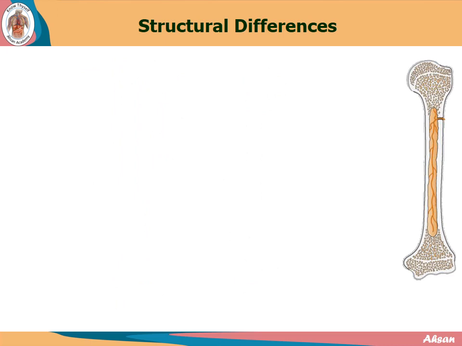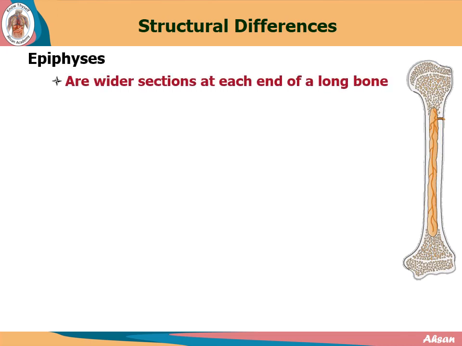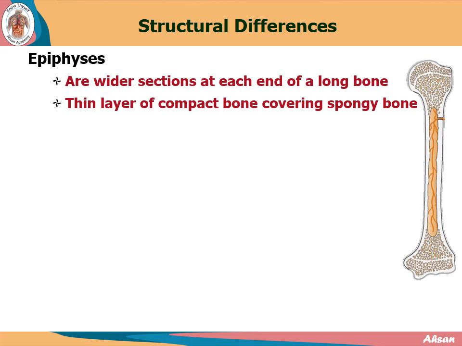There are structural differences between the epiphysis and the diaphysis. The epiphysis is the wider section situated in the ends of the bone, and each epiphysis comprises a compact layer of bone and spongy bone inside. The spongy bone inside contains red bone marrow.